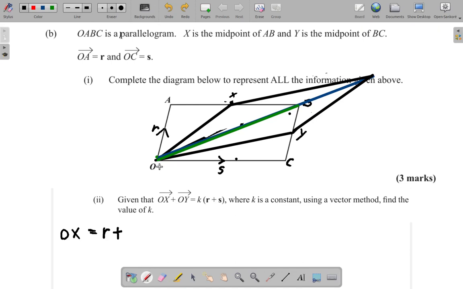Therefore OX is R plus half S, because all of this is S, just like from A to B, and going from A to X is really half S. Hope you see that.